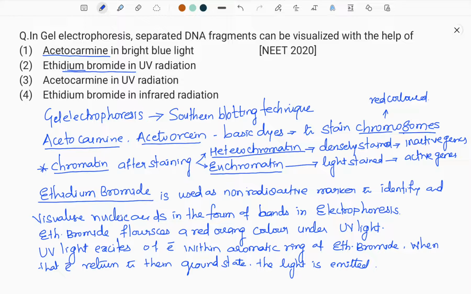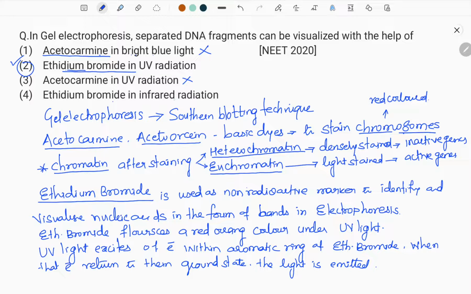If you see the answer options here, in the first option he gave acetocarmine with bright blue light. This is wrong, because acetocarmine is used to stain the chromosomes and chromatin reticulum. Second option, Ethidium bromide with UV radiation. This is very much correct. Acetocarmine with UV radiation is also wrong.